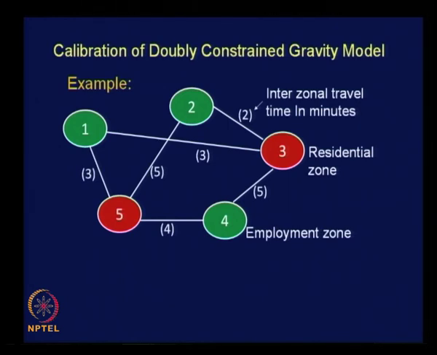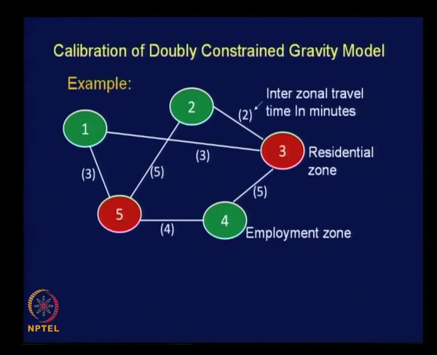Zones 3 and 5, shown in red color, are residential zones, implying that there will be only trip productions from these two zones. Zones 1, 2 and 4, which are shown in green color, are employment zones. There are going to be only trip attractions related to zones 1, 2 and 4.